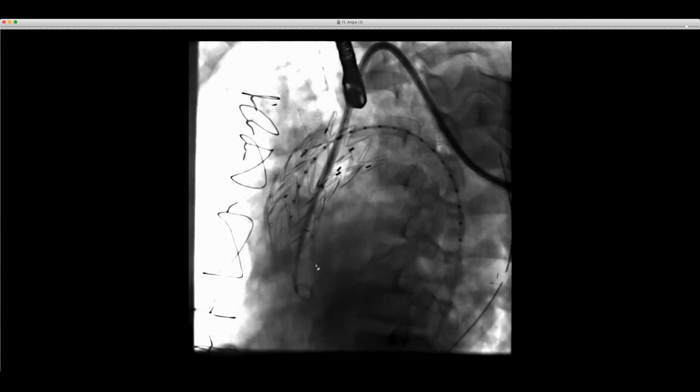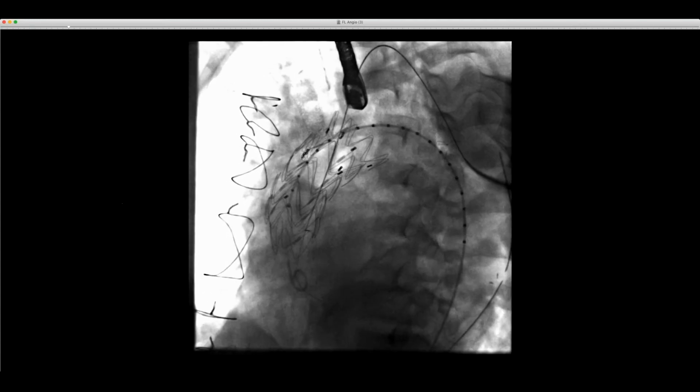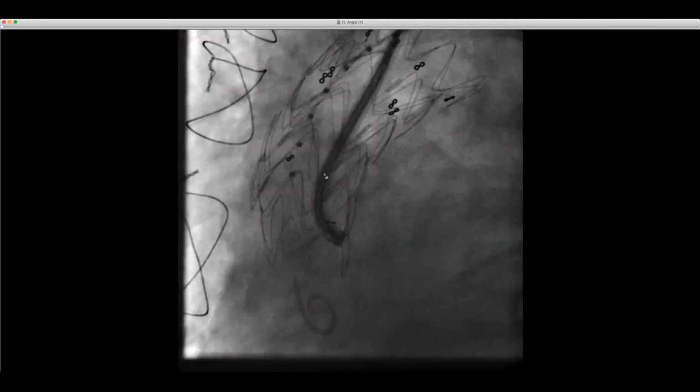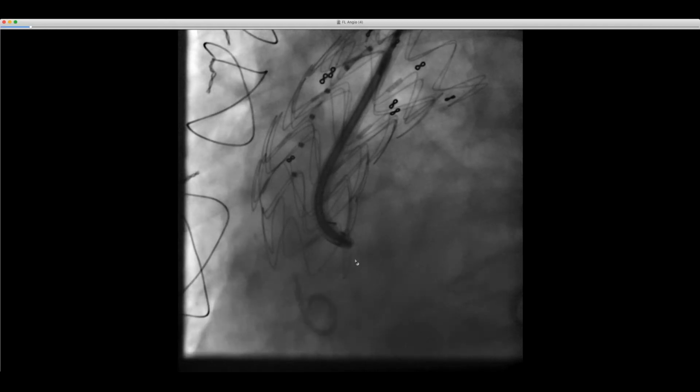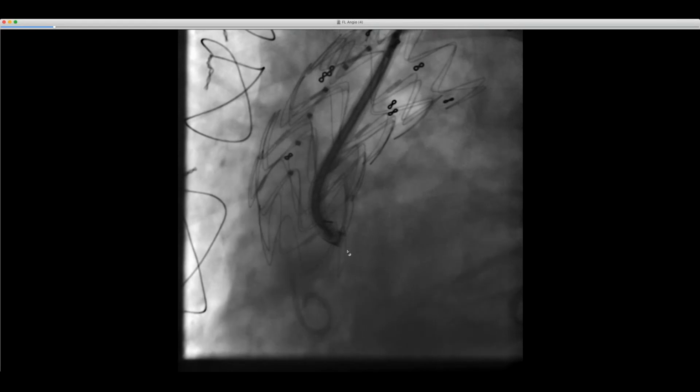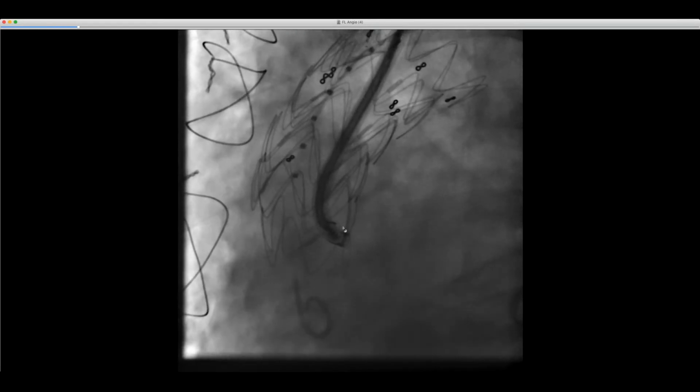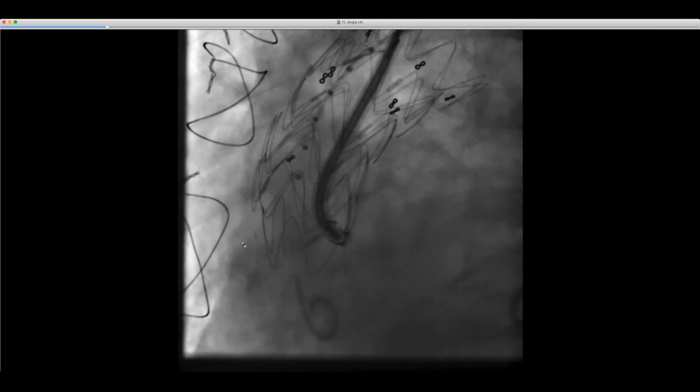Very interesting. On the second set of images, we have a deployment system down here, and if this will start, there we go. You can still see the flapping there, but this is going to deploy an endo screw, or an endo anchor, through this big deployment device.